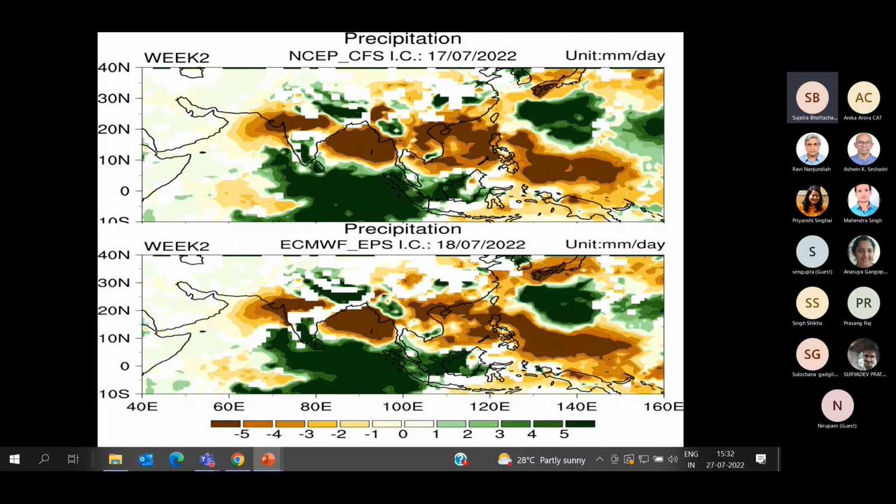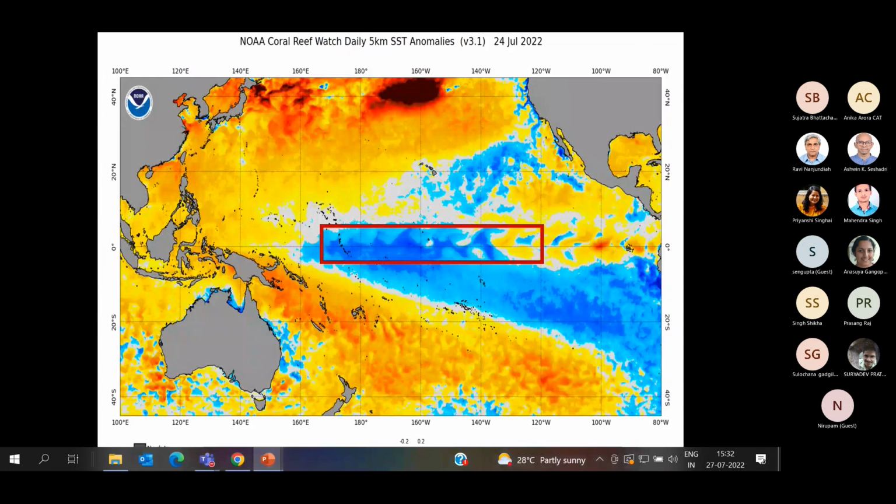If you look at only the circulation parameters for break condition, that may be misleading. If the water vapor is anyway high, in spite of adverse circulation parameters, rainfall may still occur, right? So that is the problem this year. Water vapor is above normal. And that can be seen, I think, in the, let me see whether I have it. I'm not showing India here. The Bay of Bengal is very warm. Arabian Sea, part of it is warm, part of it is cold.